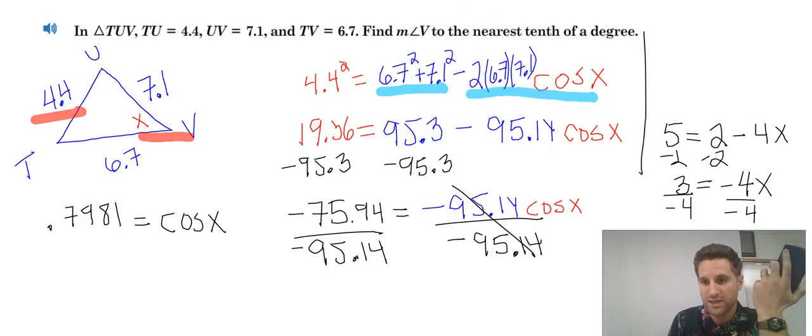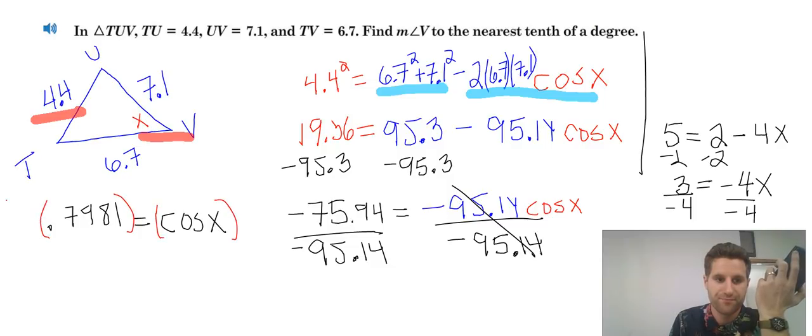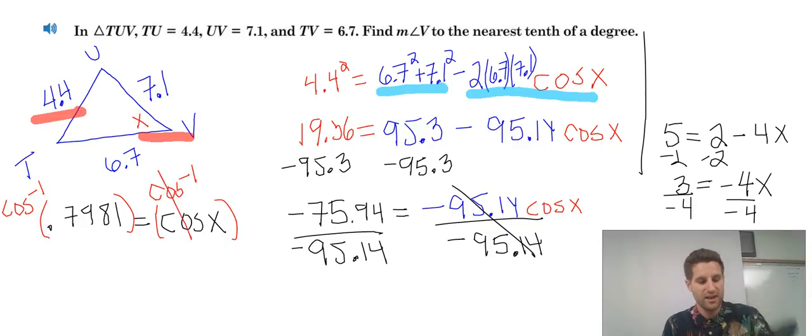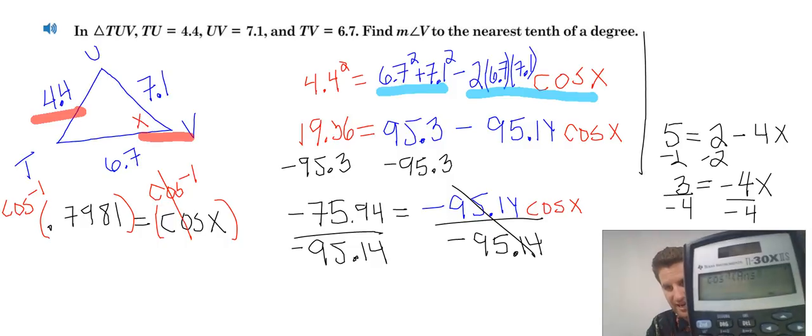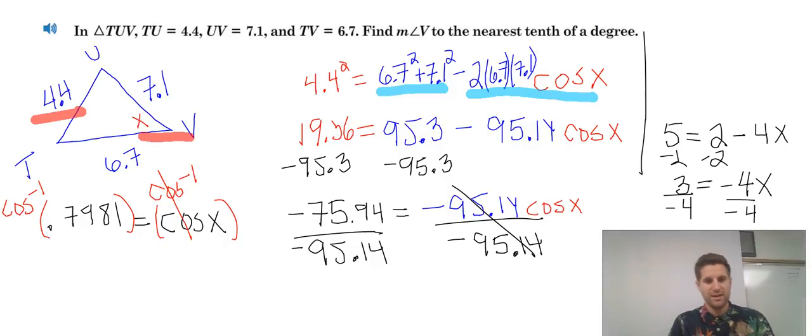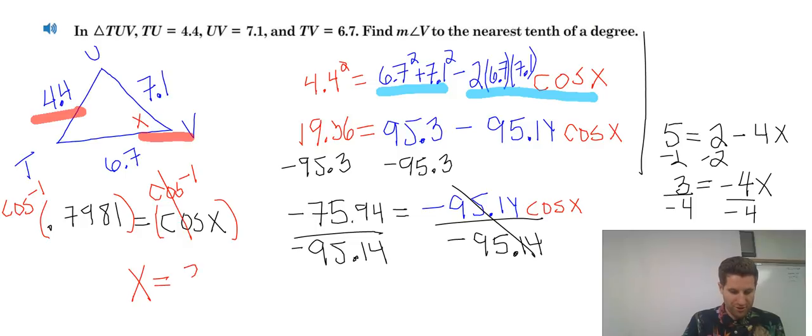To do that, I'm going to take the inverse cosine of both sides. On this side, it cancels. This side, I just take the inverse cosine of the answer. Enter, and we get x equals about 37 degrees.